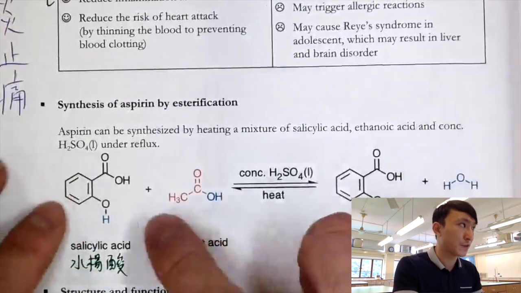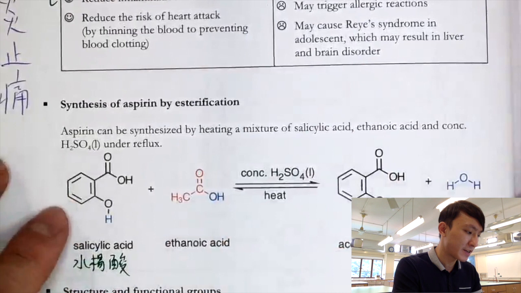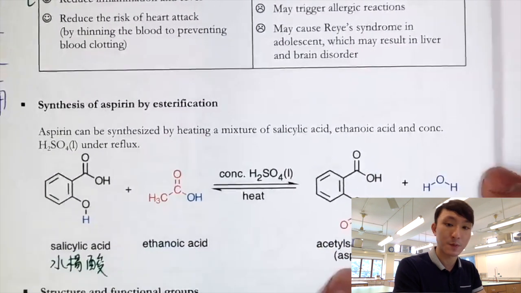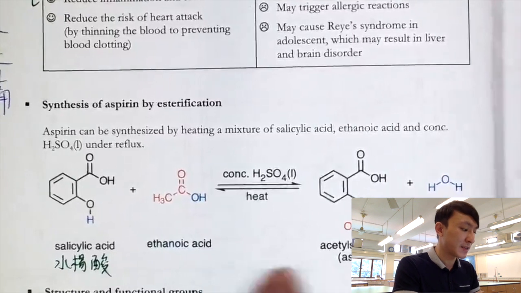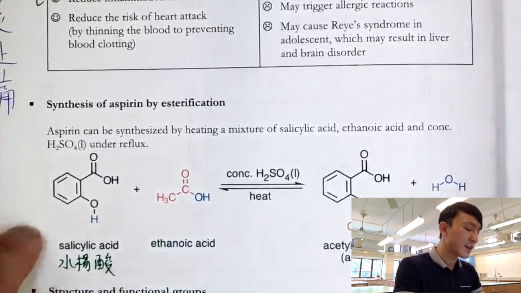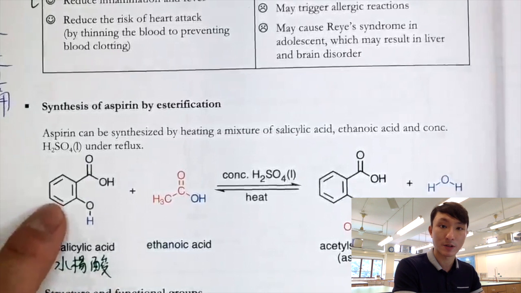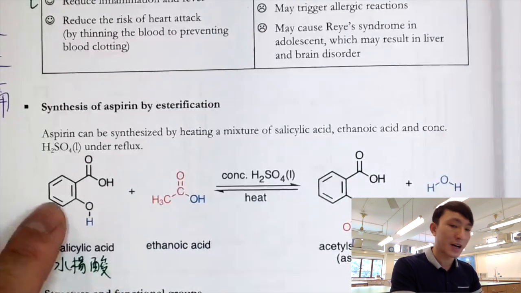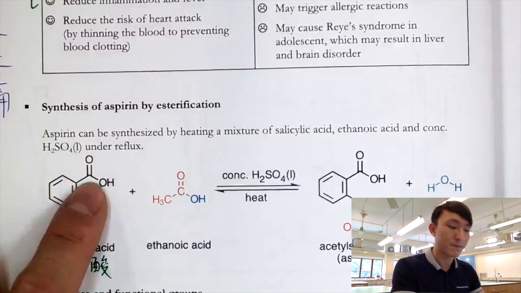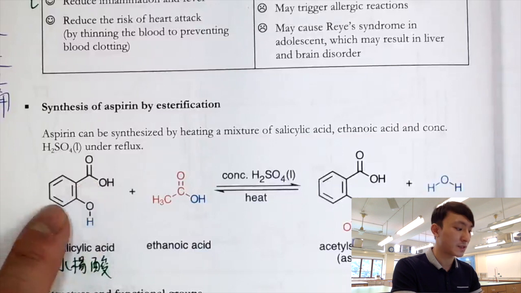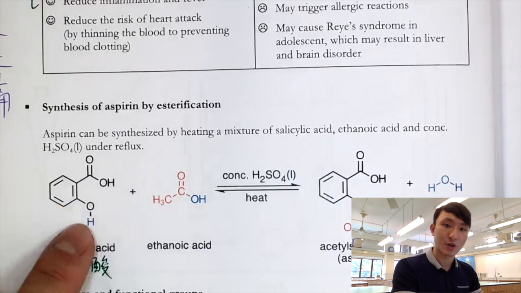Now, you also have to study the structure of aspirin. This is the aspirin tablet that we will use, but its precursor would be salicylic acid, and you notice that it is actually a carboxylic acid with a hydroxyl group here. If I ask you what functional groups it has, you should tell me that it has a carboxyl group, a benzene ring, as well as a hydroxyl group.